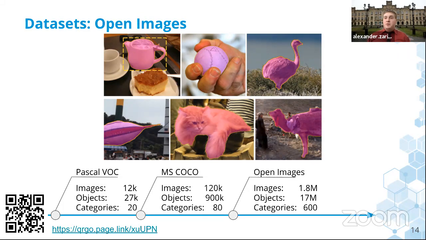So Open Images is not very famous in the object detection community because not all images contain annotation for all objects. But some researchers who developed algorithms that are robust to noise in annotation and to missed annotation heavily utilize this dataset to build their solutions.